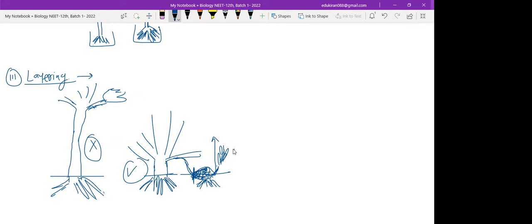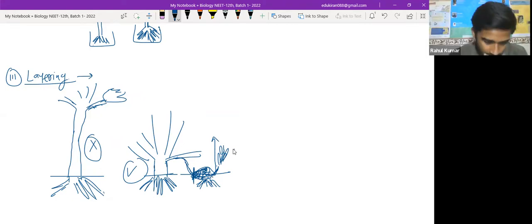Yes, sir. So layering is, write down: in layering, the stem of a plant is bent to the ground and covered with soil, with some part of the branch still outside the soil.